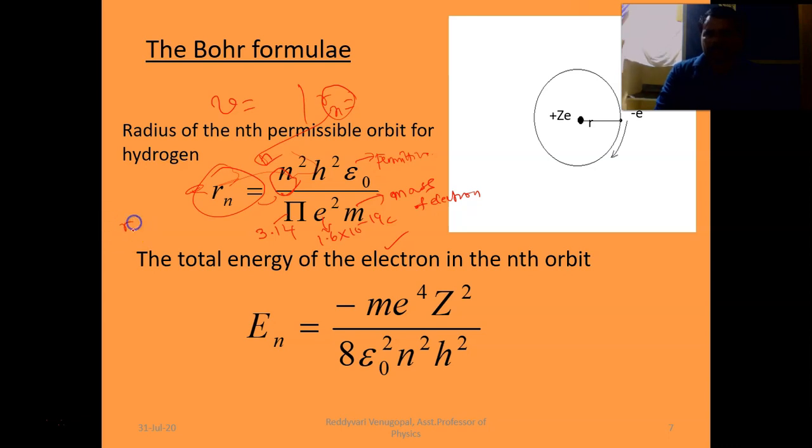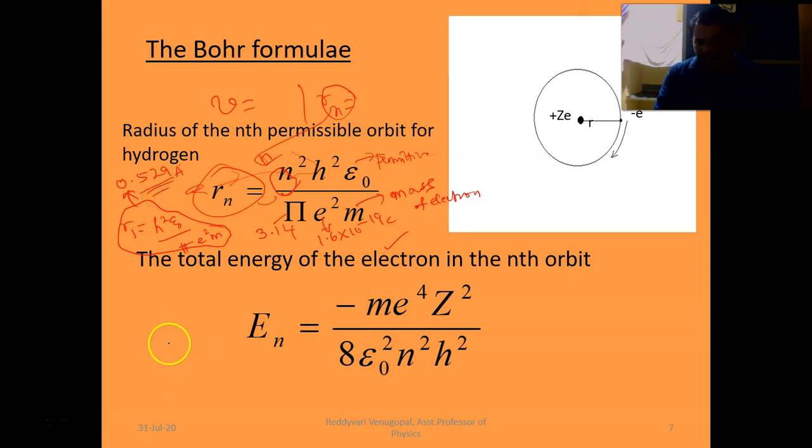Suppose for the first orbit, R1 is equal to h square epsilon naught divided by pi m e square, and this is the least radius orbit. Its value comes around 0.529 angstroms. So this is the least orbit, having the smallest radius.